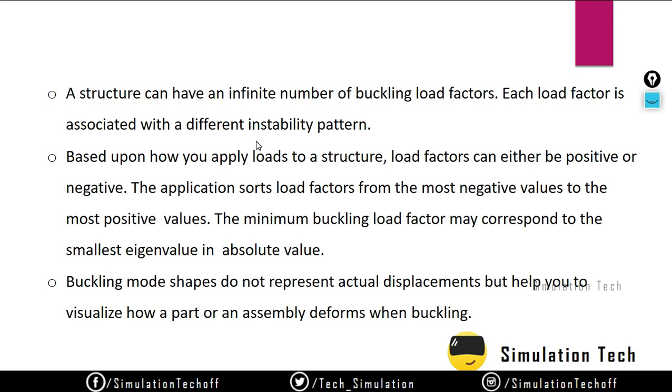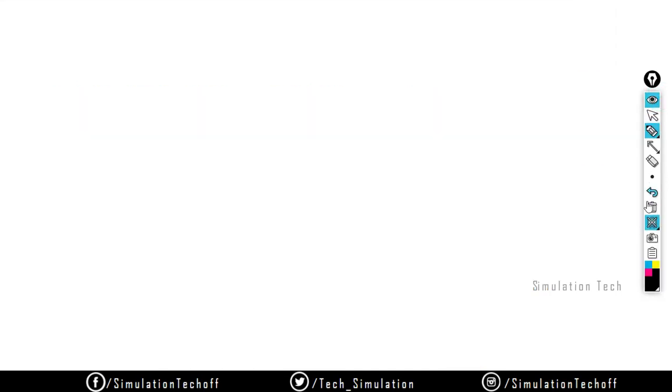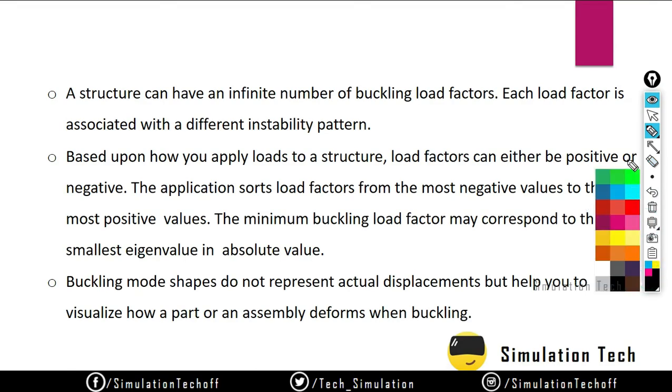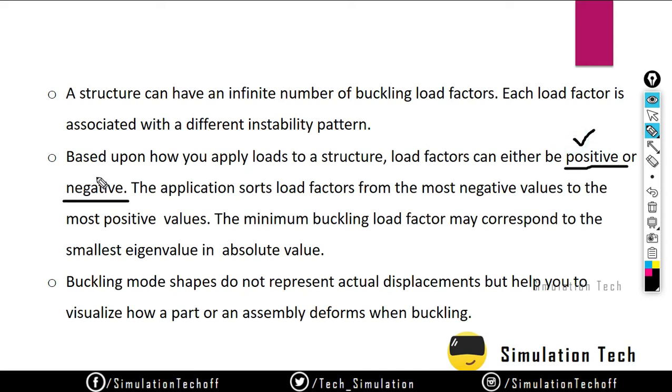Based upon that, however you apply a load to a structure, the load factor can be either a positive or negative value. So you will get both positive and negative values, depending upon the case. Most of the time you get a positive value, and sometimes you get a negative value. Basically, in buckling analysis you only have permission to apply compression loads. If you apply any load which is tensile, you will probably get a negative value.